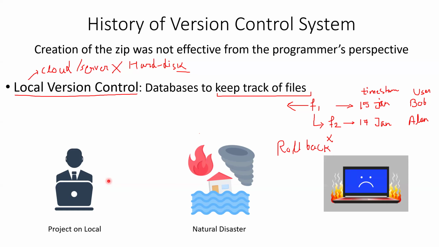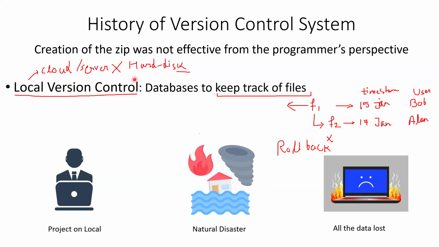The whole code is actually lost. All the data, all the information that we have stored is going to be lost. We are not able to access the project file again. Why? Because everything was on the local desktop or a hard disk.